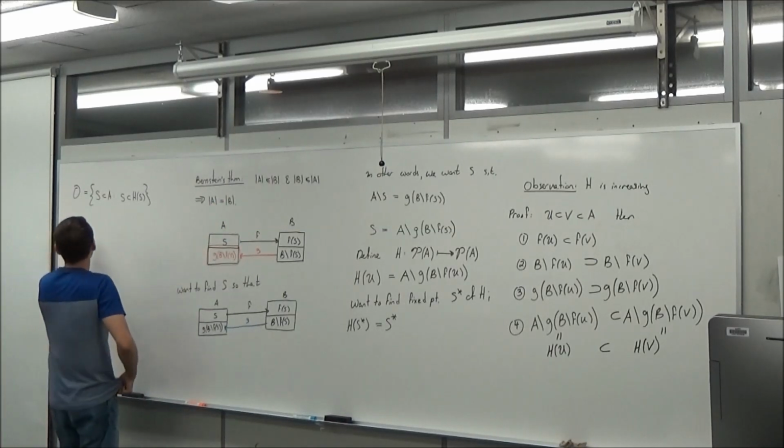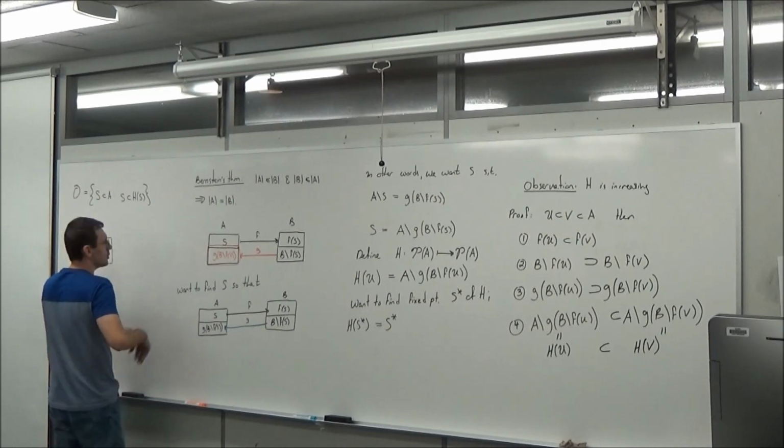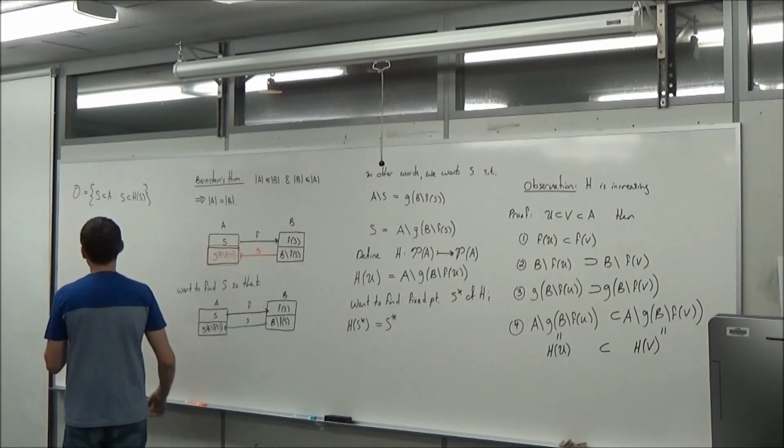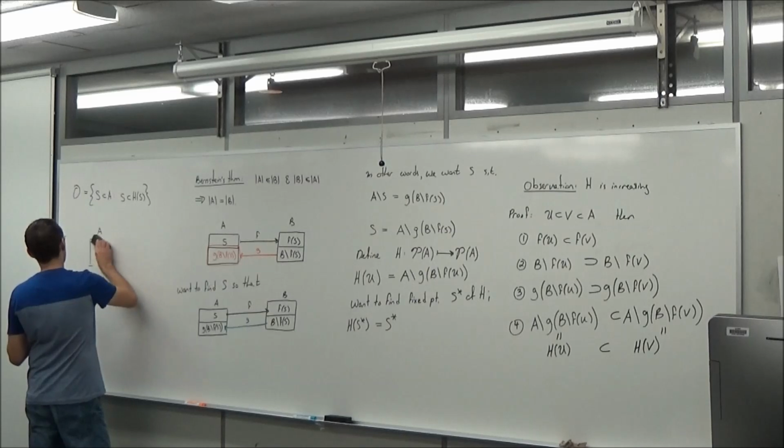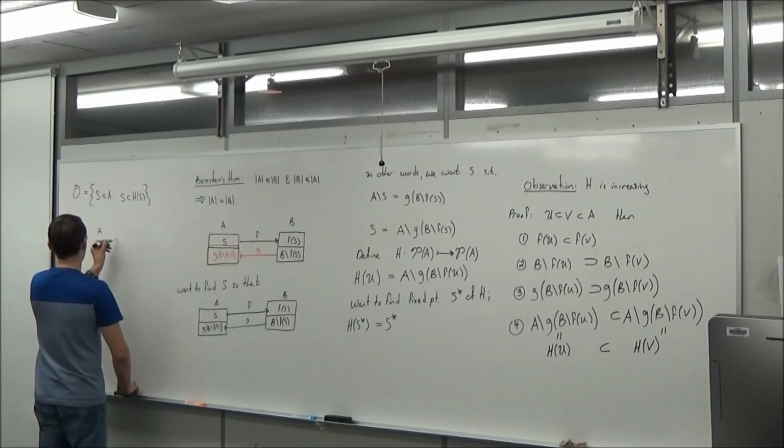So the picture that you can think of is if this is A, and let's say this is S. I didn't draw it like I did it here. Oh, actually, let me do it schematically. Maybe it's easier for you, I don't know.